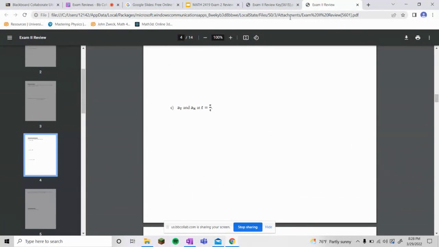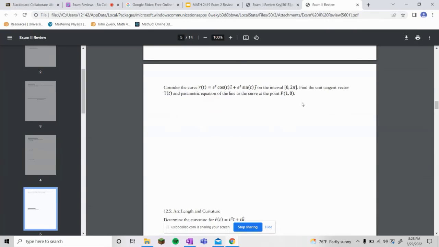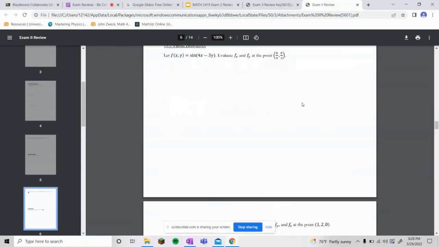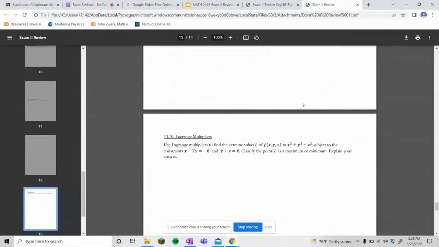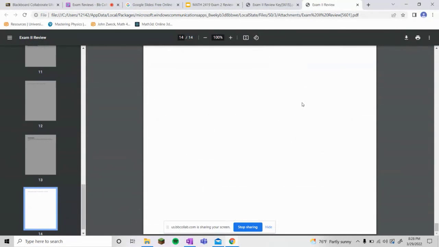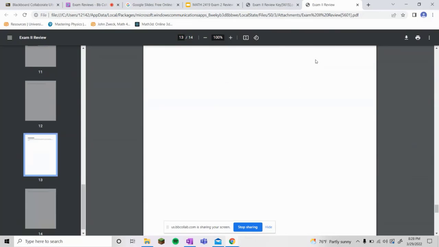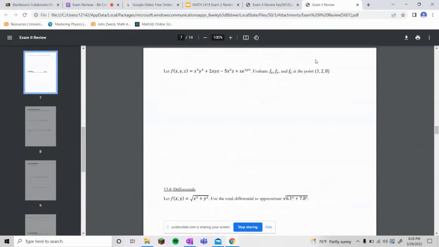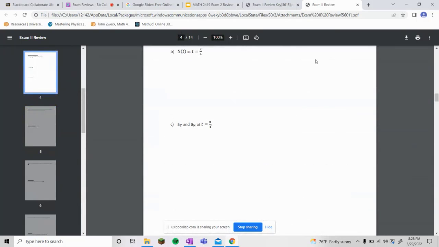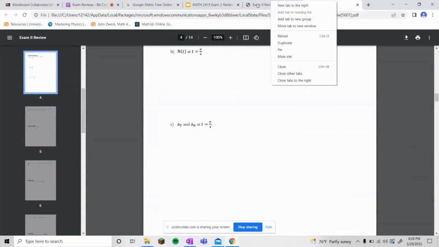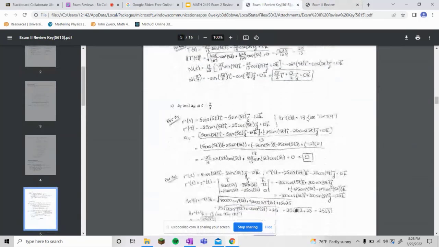Find A_T and A_N, the tangential acceleration and the normal acceleration. Okay, what formula did they use?